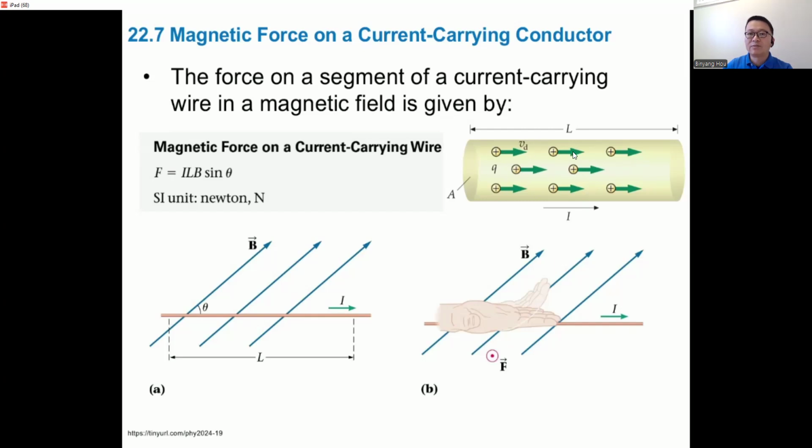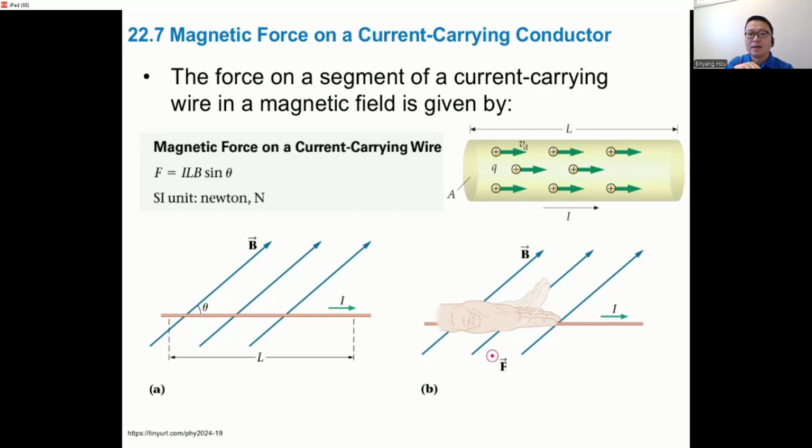Each of these charges moving in the presence of a magnetic field will experience a magnetic force. So the collective force will be on the wire, or the conductor, the current carrying wire. This is pretty similar to the magnetic force on charged particles, but in this case the force is on the conductor or the wire.